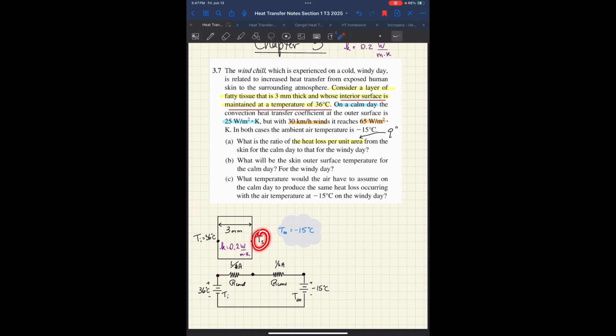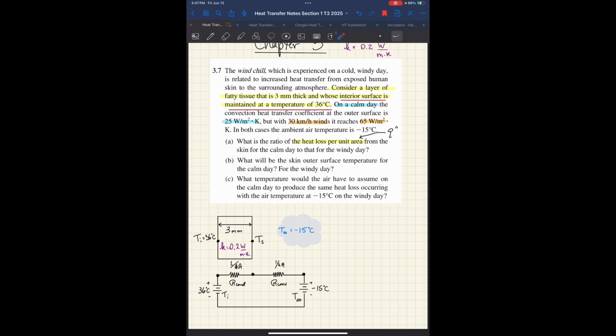Then from the surface of the skin to the ambient, there will be heat transfer by convection. Now in theory, if it were a sunny day, then you would also consider radiation happening at the same time. But to keep the problem simplified, we're just going to consider convection.